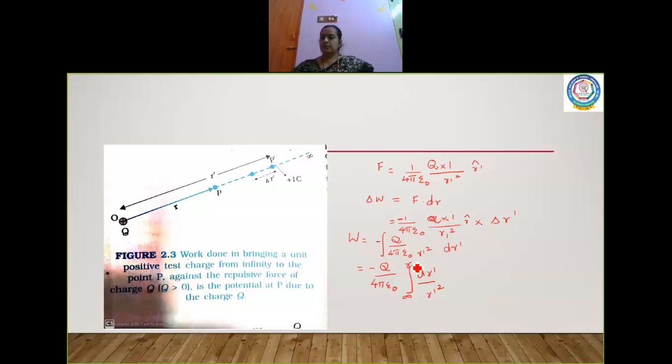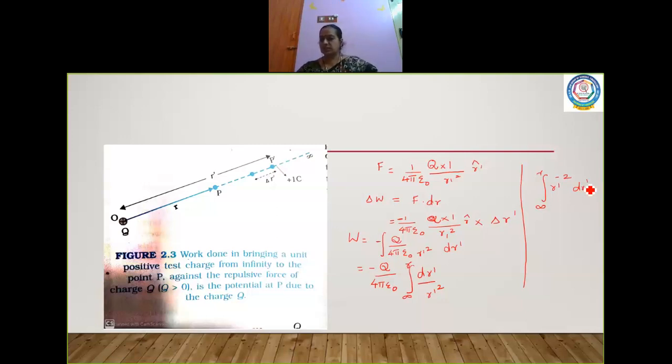Okay, so I will do the integration part here on the side. So the integration of dr dash by r dash square, with the limit infinity to R. I can write this r dash square, when I bring it to the numerator, as r dash power minus 2 dr dash. Now this is x power n dx, and the integral of x power n dx is x power n plus 1 by n plus 1.